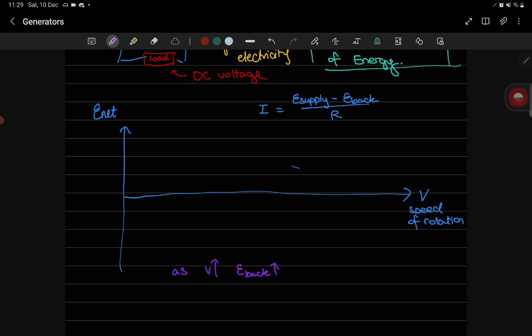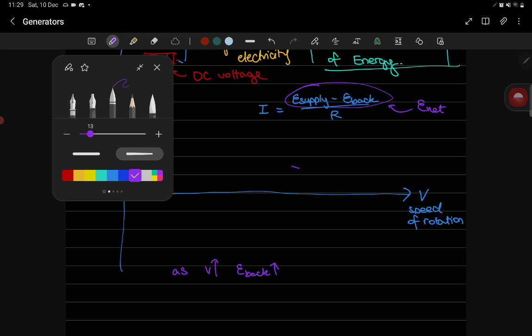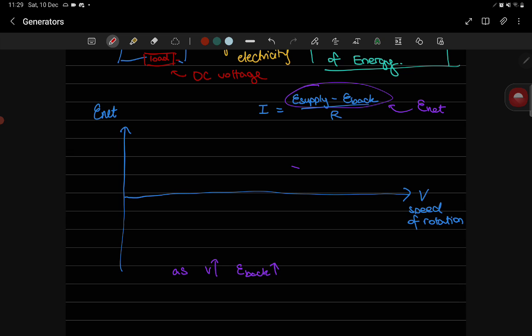And so we also know that if the back EMF increases, this guy here, then the current is going to decrease. Or in other words, the net EMF, which is this here, if the back EMF goes up, the net EMF goes down, right? So let's imagine that the decrease of the net EMF is linear for the purpose of making this a bit simpler.